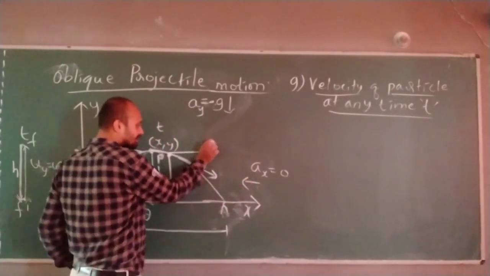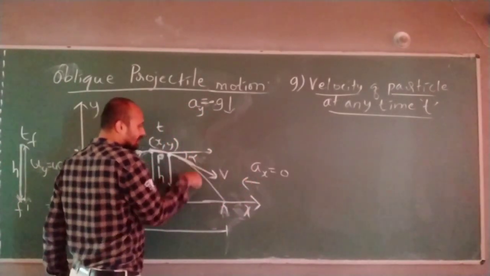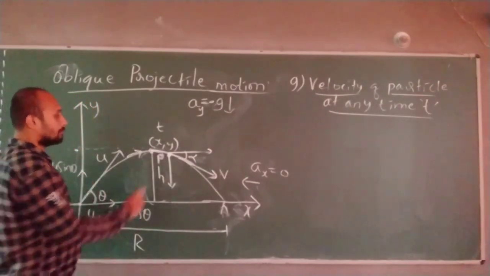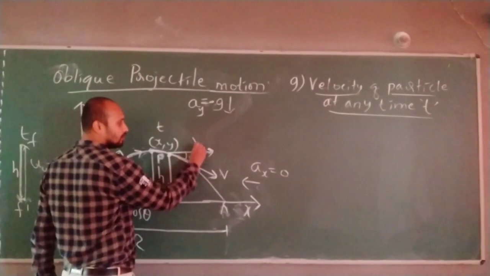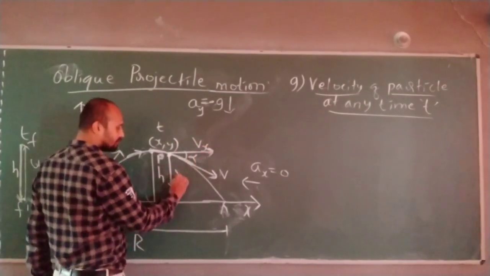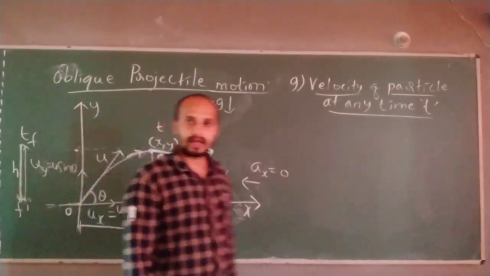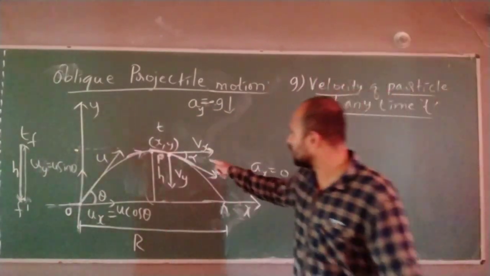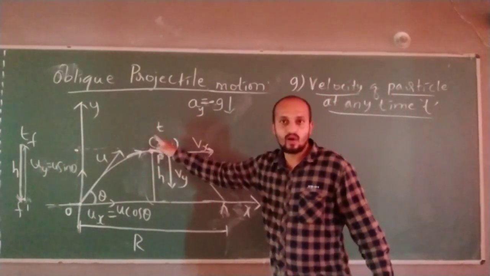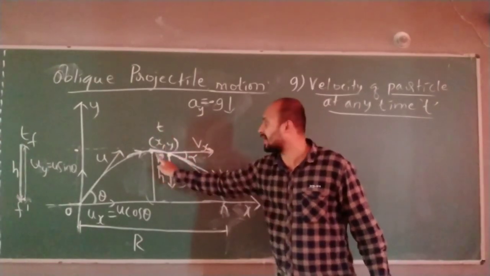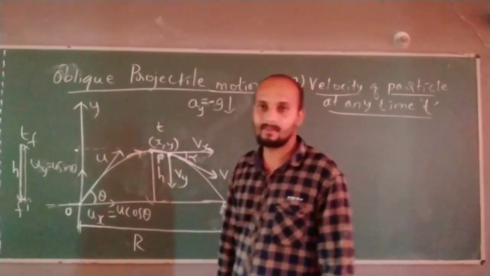If I take this angle as alpha, making with the horizontal line, and this is v, then this will be vx and this will be vy, the final velocity components. Correct? At point P, what is the time taken to reach this point? T. What are the positions at point P? x comma y. Correct?